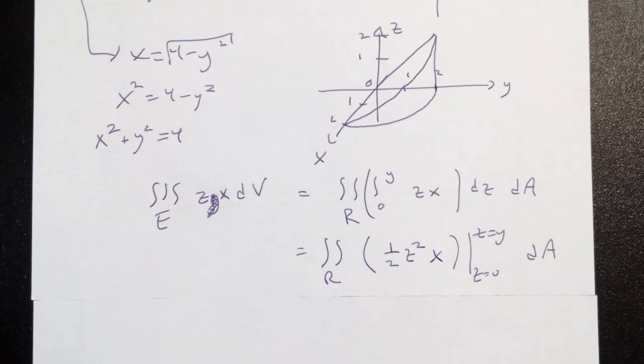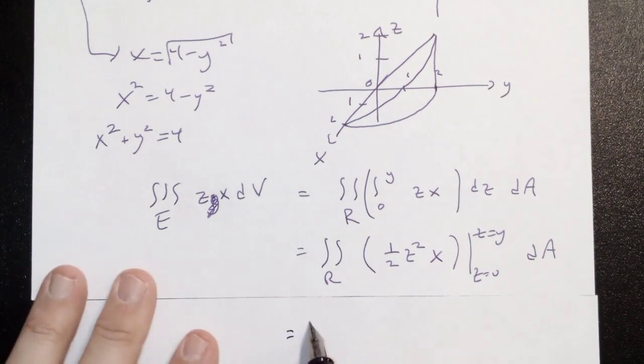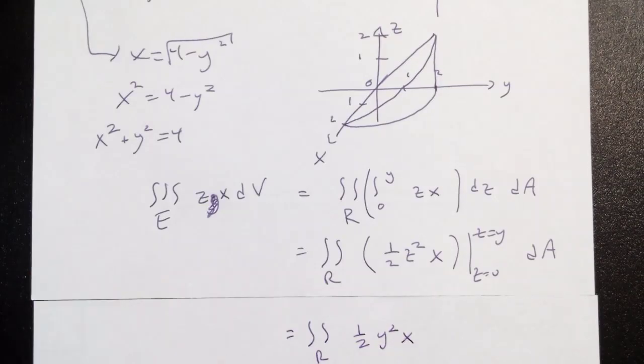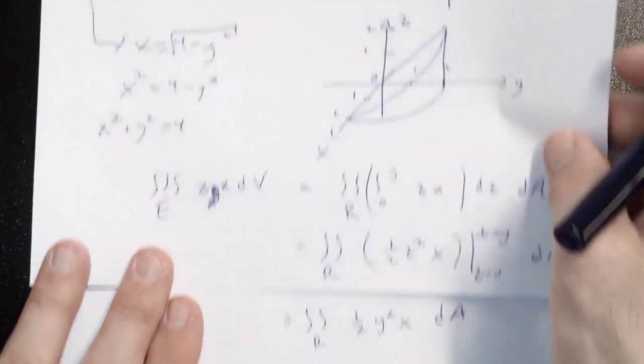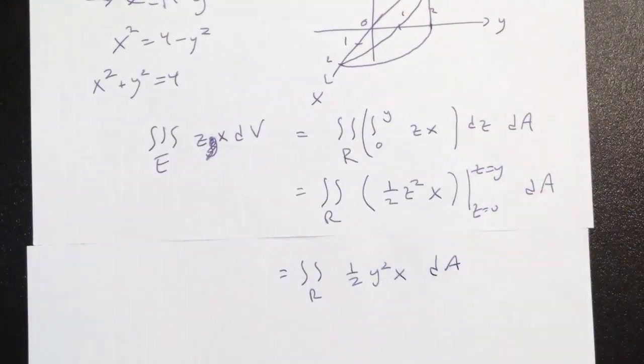But z equals 0, z equals y, so you get 1/2 y squared x minus 0. And now I'm back to what we were doing last week.